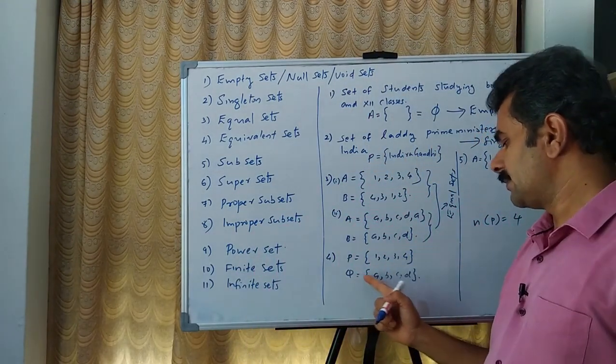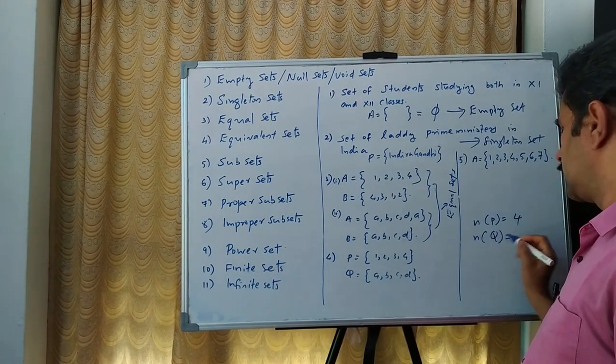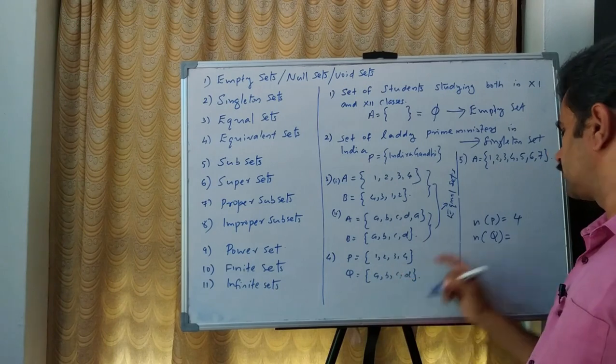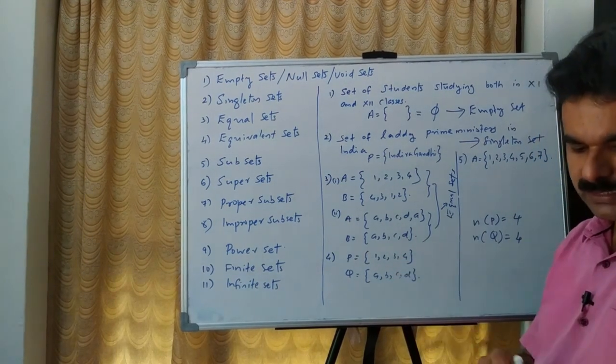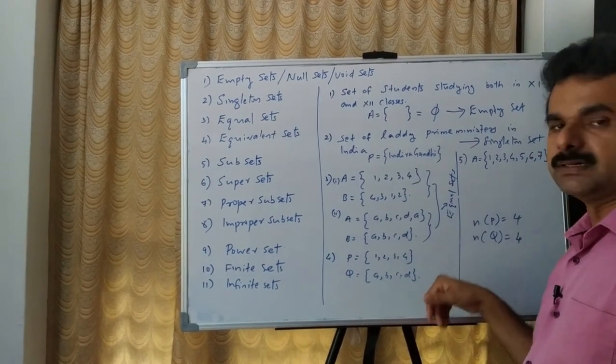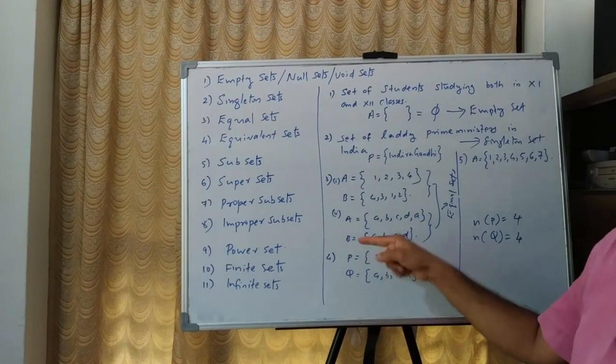What is the number of elements in the set Q? That is n of Q. n of Q is 4. Elements are different, but counting numbers are the same. There are 4 elements each in both P and Q.